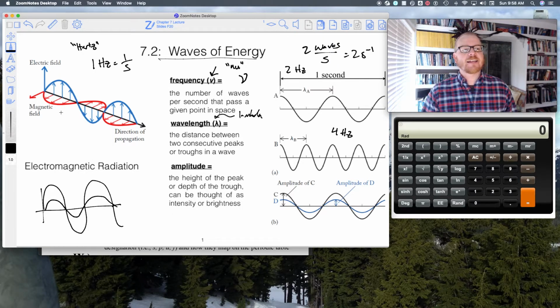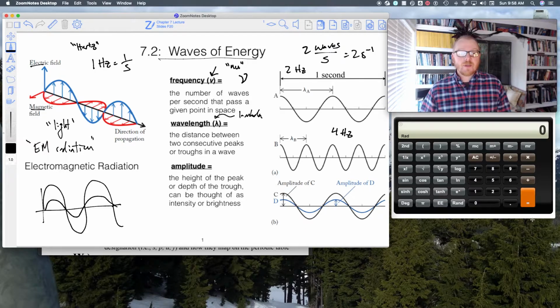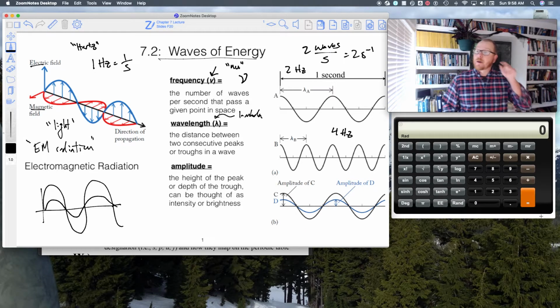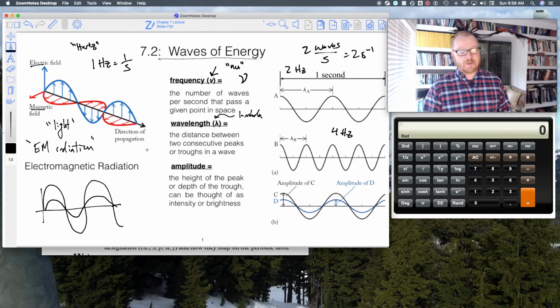And then finally, the last thing to describe on this figure, so this whole thing is describing light, which we call electromagnetic radiation. So EM stands for electromagnetic. And when you actually have a beam, so you see how this is a propagation, right? Propagating this way.